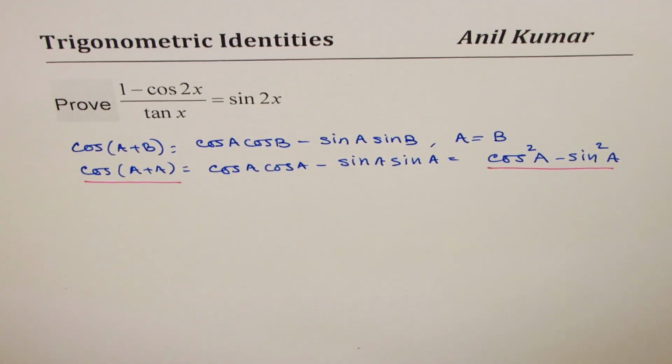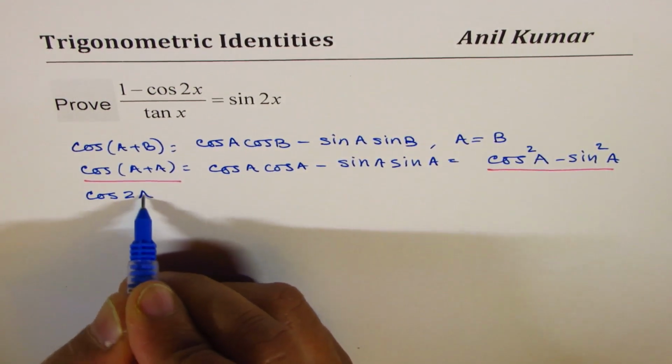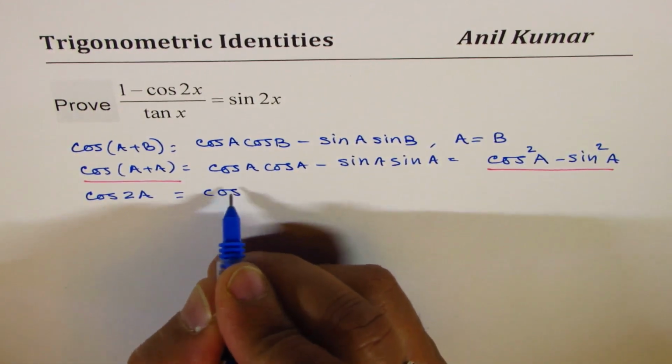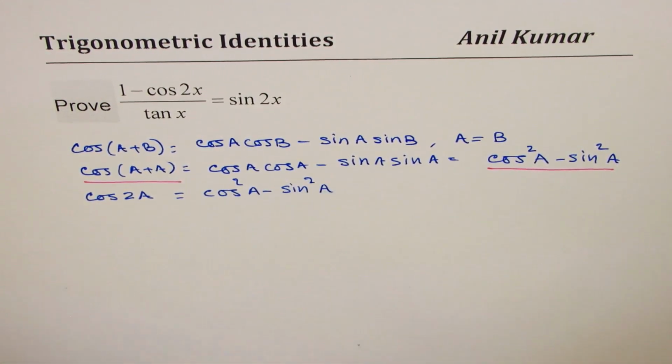Is that okay? So you could write cos 2A, which is A plus A, equal to cos square A minus sin square A.